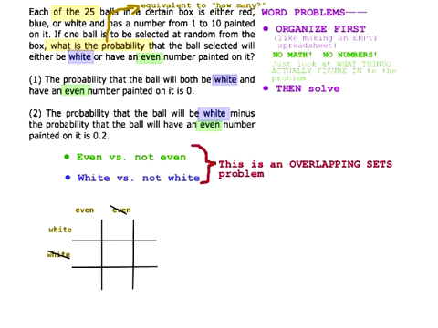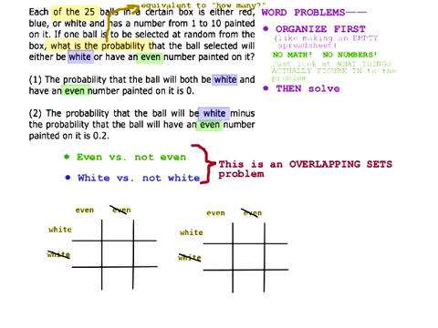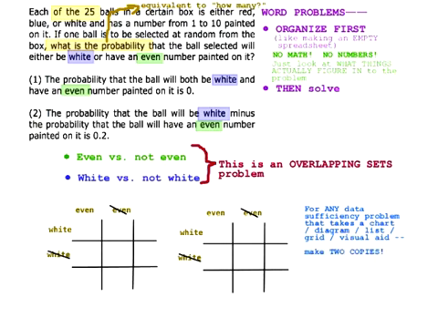So anytime at all for any data sufficiency problem that uses a chart or diagram or list or grid or any visual aids, make 2 copies of it, 1 for each statement. Because remember, you are solving 2 distinct problems.